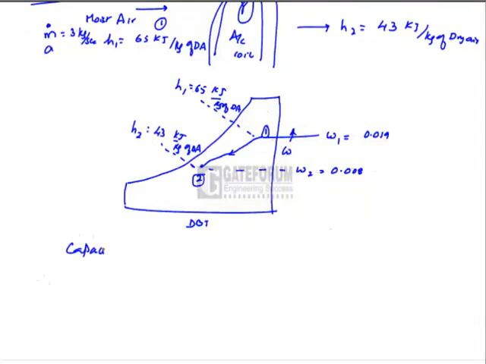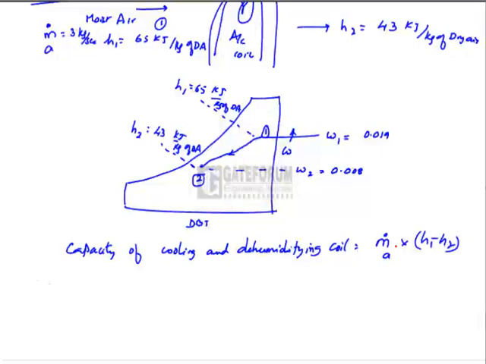The capacity of the cooling and dehumidifying coil is equal to mass flow rate of the dry air into H1 minus H2. Mass flow rate of the air is given as 3 into 65 minus 43. This is 3 into 22.